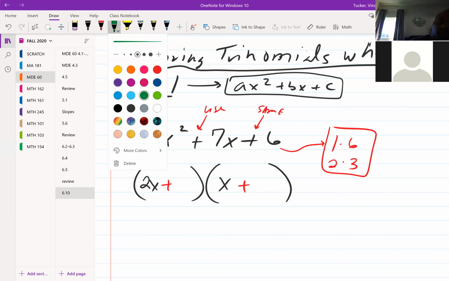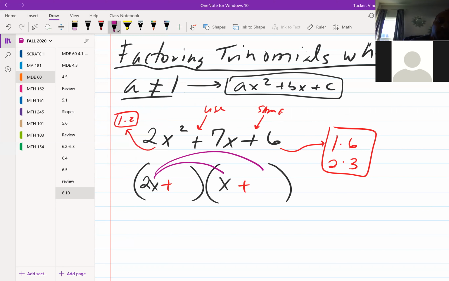My purple. This times this, this times this, and this times this. The only one we know for a fact that's going to work is the 2x squared, because 2x times x gives me x squared. Now, when I put either 1 times 6 or 2 times 3 in the back, it does not have to work out and give me that 7x in the middle. And that's the part that we have to check.